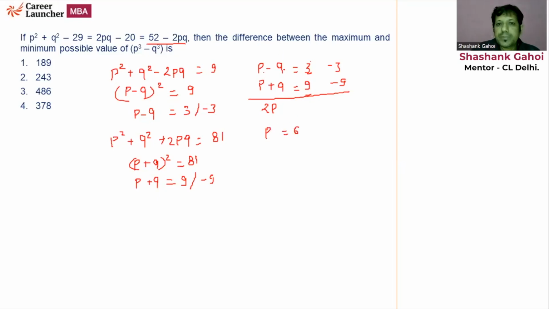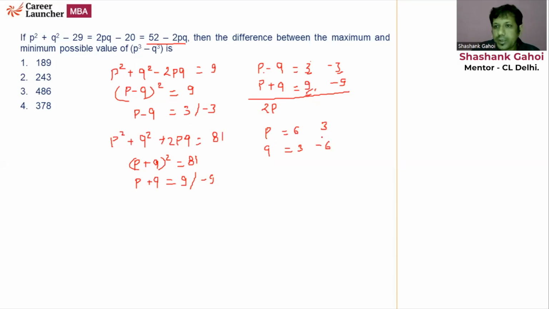So if p is 6, p minus q is 3, so q comes out to be 3. If I take this and this, 2p is 6, so p comes out to be 3. So if p is 3, then q becomes minus 6.